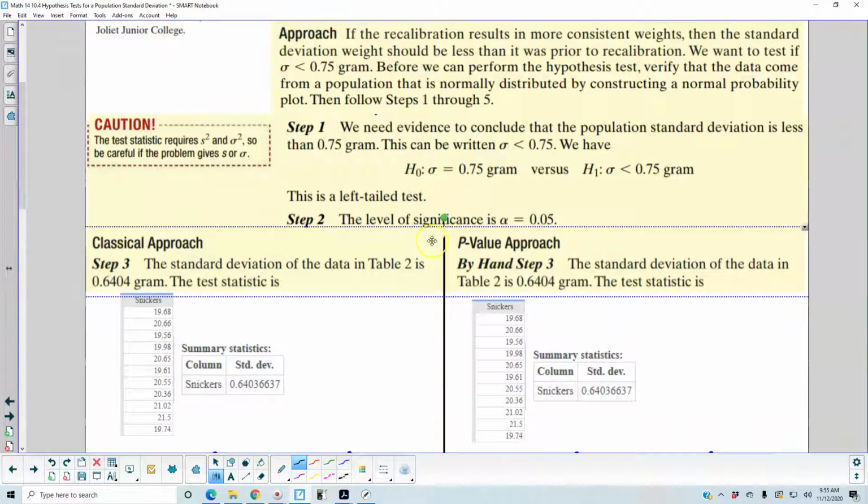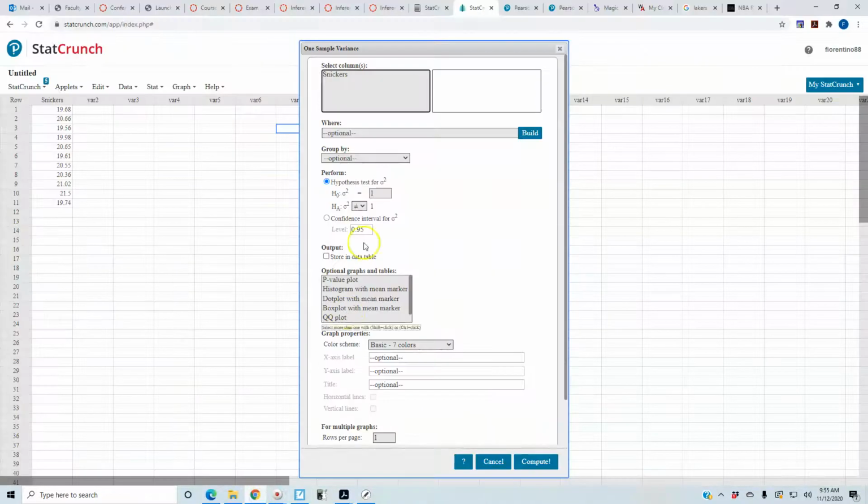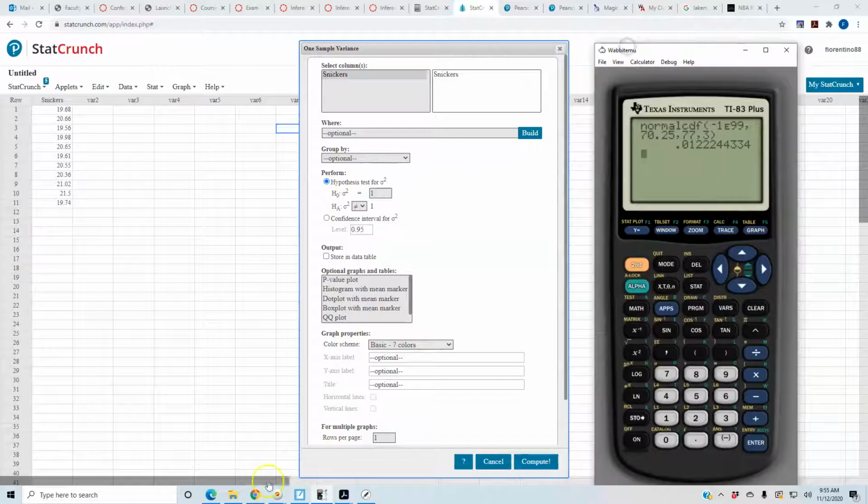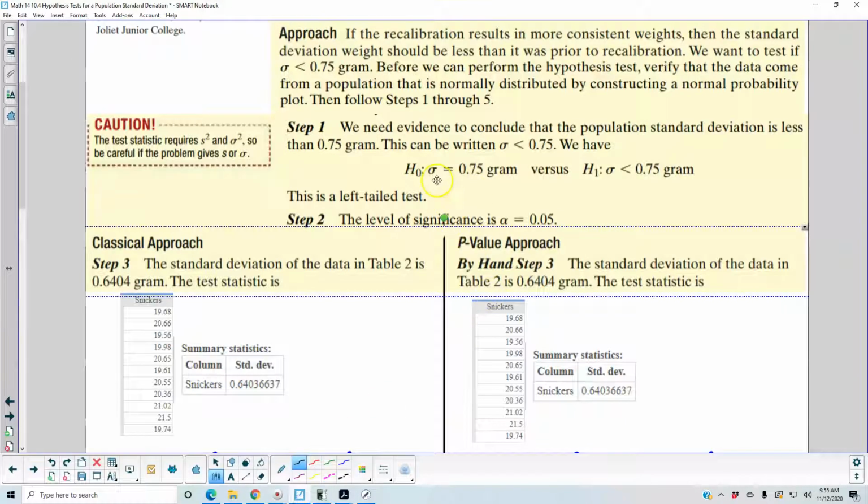Let's go back up here. We're going to select Snickers, and then we have the hypothesis test, which is what we want. We have to put in the variance. Since we have 0.75 as our standard deviation, what would that look like as a variance?